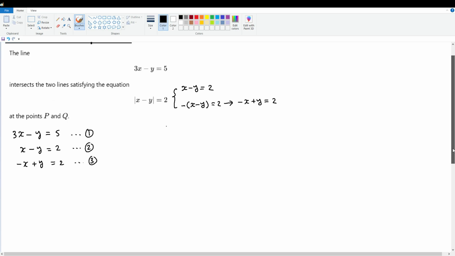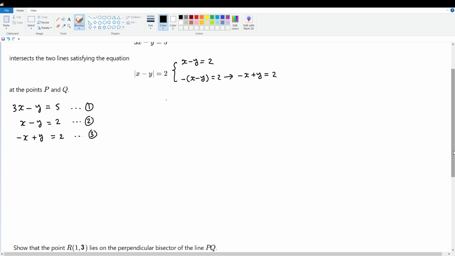Now, to solve this problem, we can use the elimination and substitution method, and we start from equations 1 and 2. So write down the equation 3x minus y equals 5, and then x minus y equals 2. In this step, you need to choose which variable you want to eliminate.